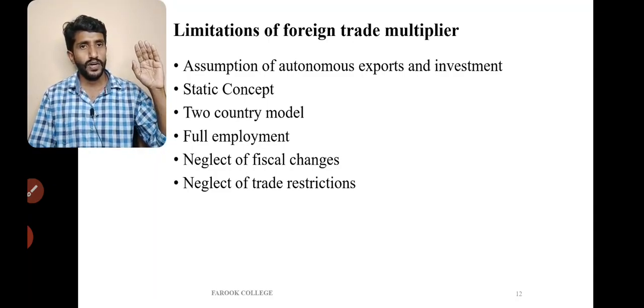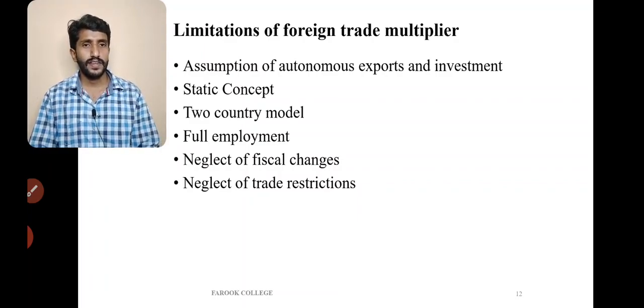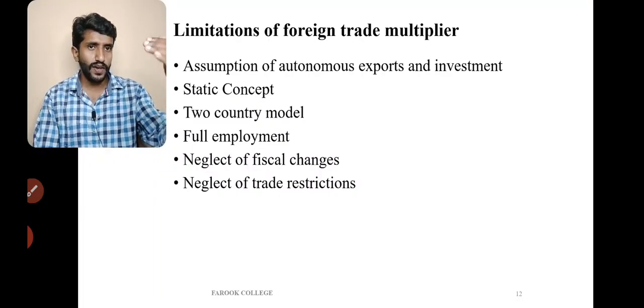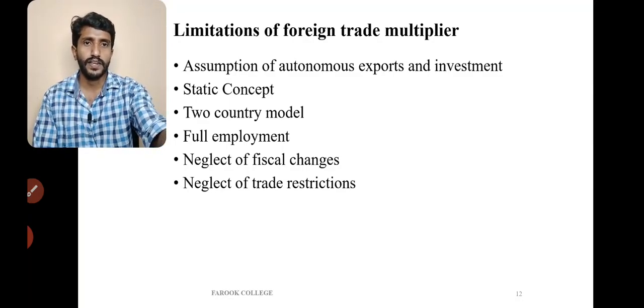There are no changes in government investment, or G, which we have kept constant. That is another limitation. Then neglect of trade restrictions. We didn't talk about how trade restrictions will affect the foreign trade multiplier.